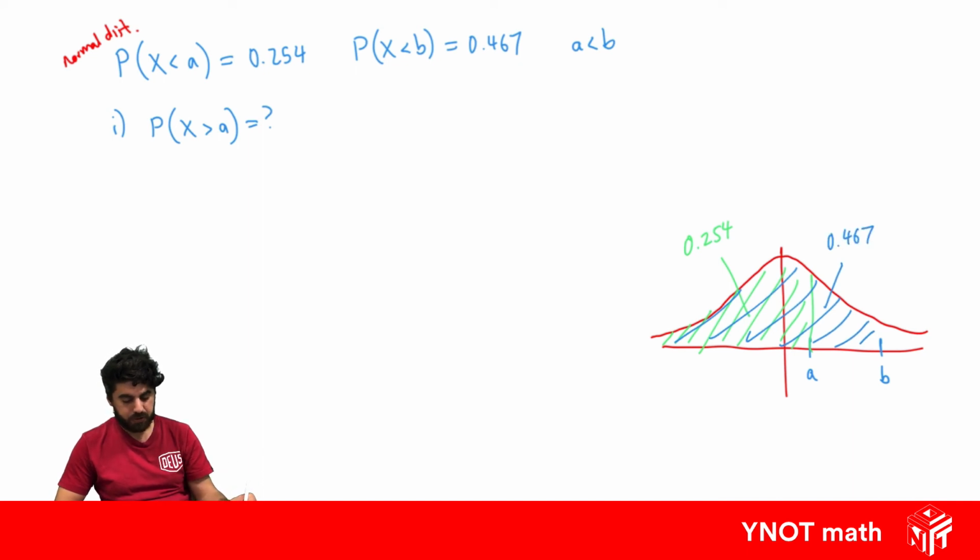So what's the probability that a score is greater than A? Well, we know everything on this side is 0.254, and we know the total area is equal to 1. So the answer is just going to be 1 minus 0.254, which is going to give us 0.746.